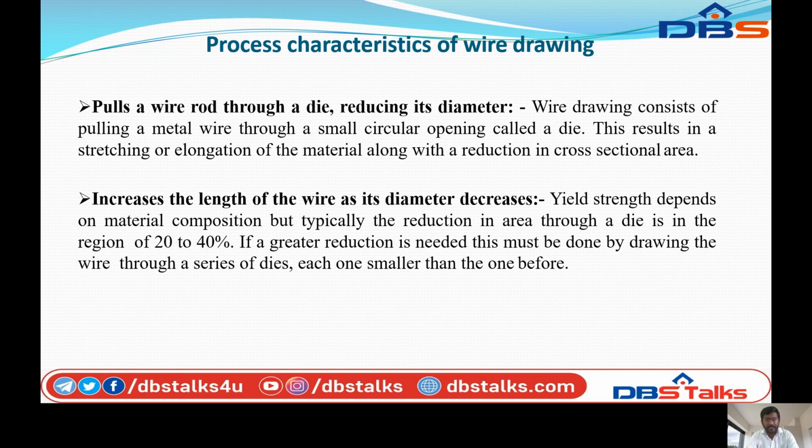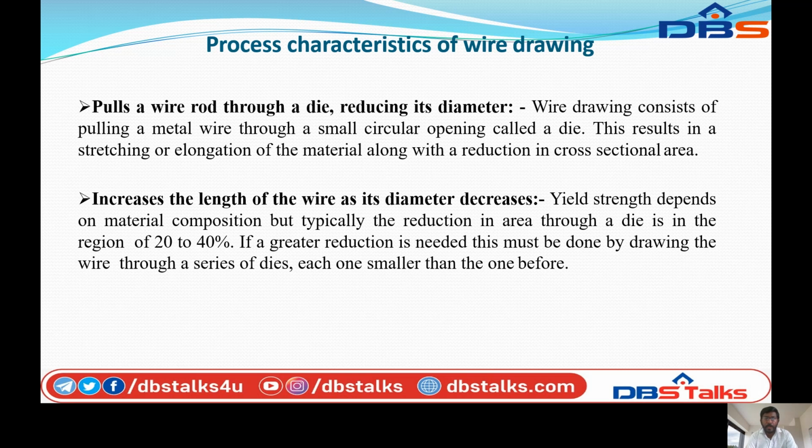So the next characteristic is that the length of the wire increases and its diameter decreases. So we already know that when the extrusion process is completed, the length of the wire will be increased and the diameter is simultaneously reduced.